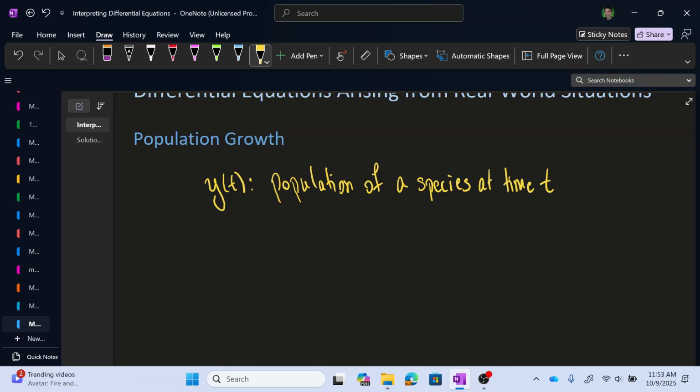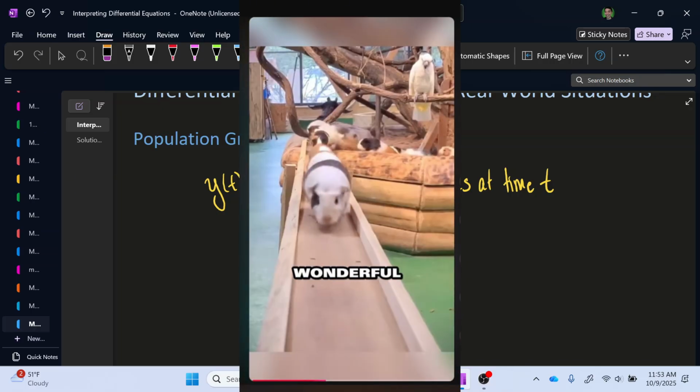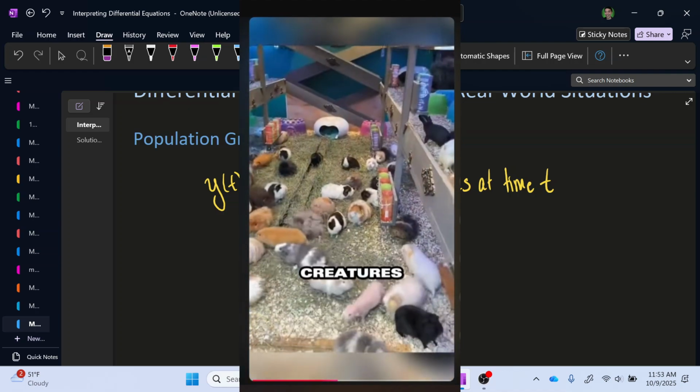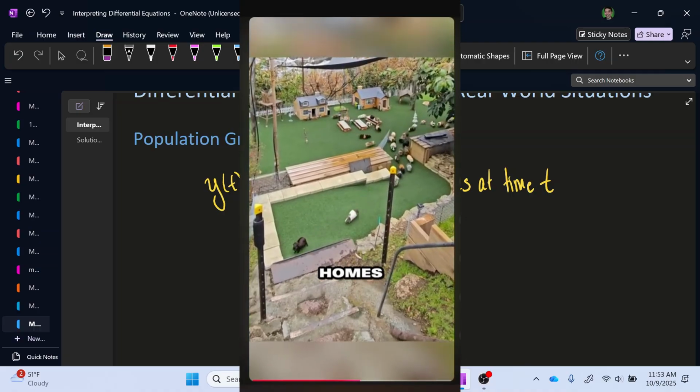Now, as a rule, if your population is large, then the rate of change of that population will be correspondingly large as well. Because if you have a large population, you have a lot of members of that population to reproduce, have babies, and to make the next generation even larger than before.